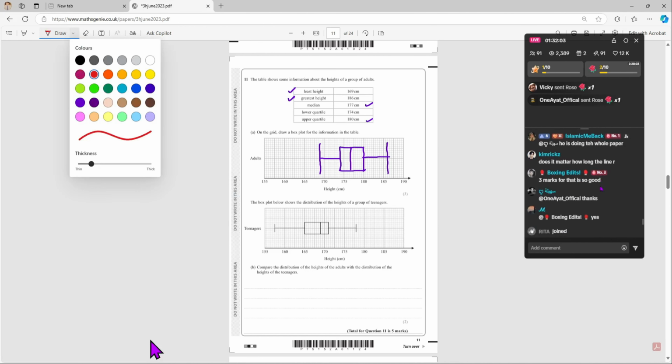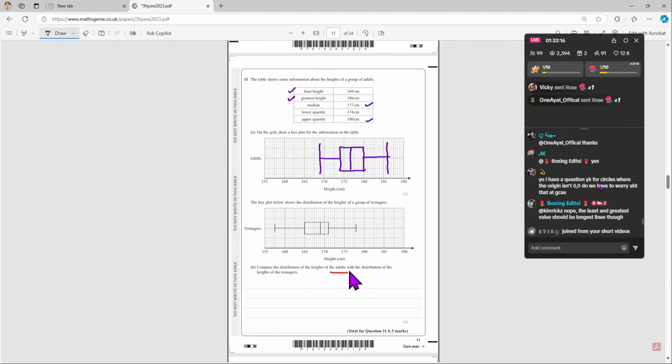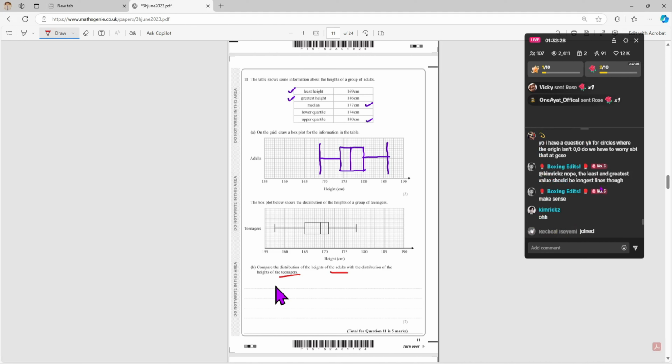So once we have done that, the box plot below shows the distribution of the height of a group of teenagers. Compare the distribution of the height of the adults to the distribution of the height of the teenagers. We have to compare. How do we compare it? We compare the median value, the upper quartile value, the lower quartile, the least height, and the greatest height.